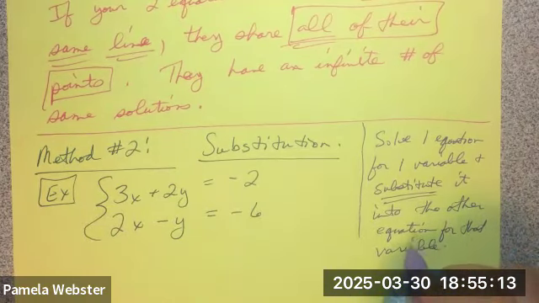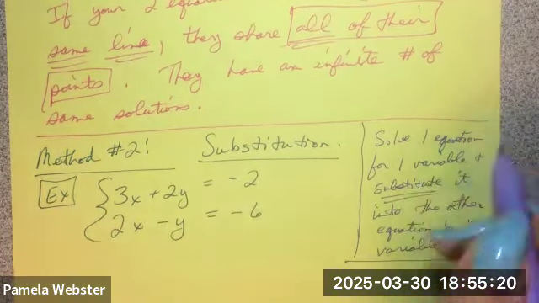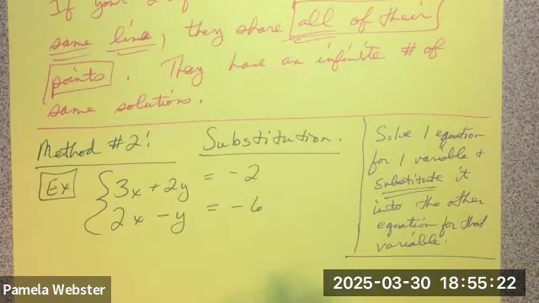I'll show you what I mean. Okay, but that's the idea going on here. You're going to solve one of the equations for one of the variables, and then we're going to substitute it into the other equation for that same variable.